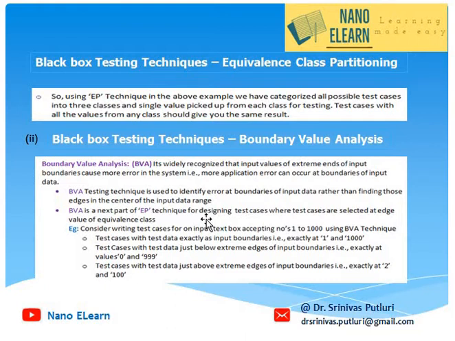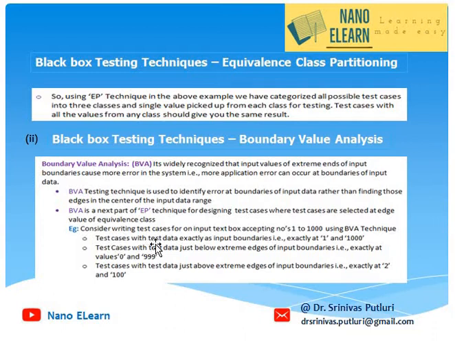BVA is the next part of EP technique for designing test cases, where test cases are selected at edge values of equivalence classes. For instance, if we consider the same example to write test cases for an input text box accepting numbers 1 to 1000 using BVA technique, these are the test cases below.